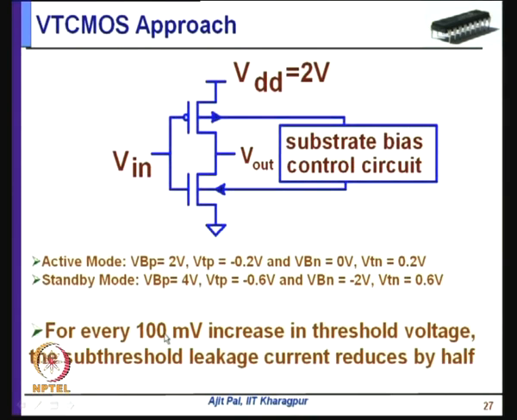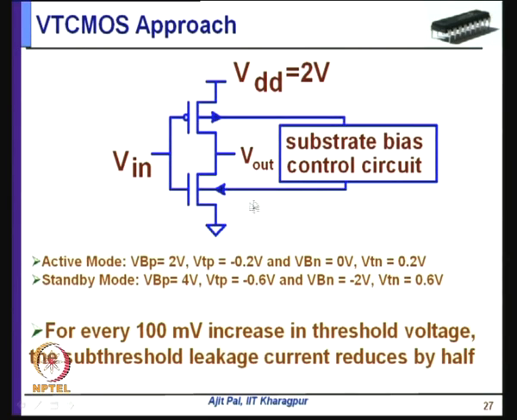Then we can use the VTCMOS approach, where, as I have already mentioned, we control the threshold voltage dynamically. When the circuit is in operation, the threshold voltage is lowered by adjusting the body bias, and when the circuit is in standby, the threshold voltage is made higher by adjusting the body bias.